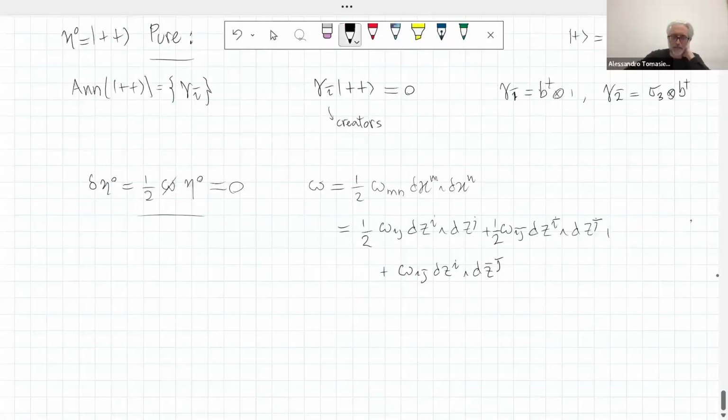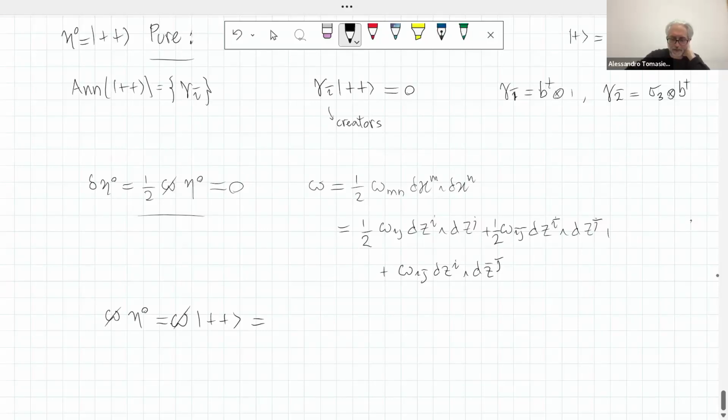And well, you see immediately that the part with omega, so it is true that the creators automatically disappear, but the part involving the annihilators doesn't automatically disappear.